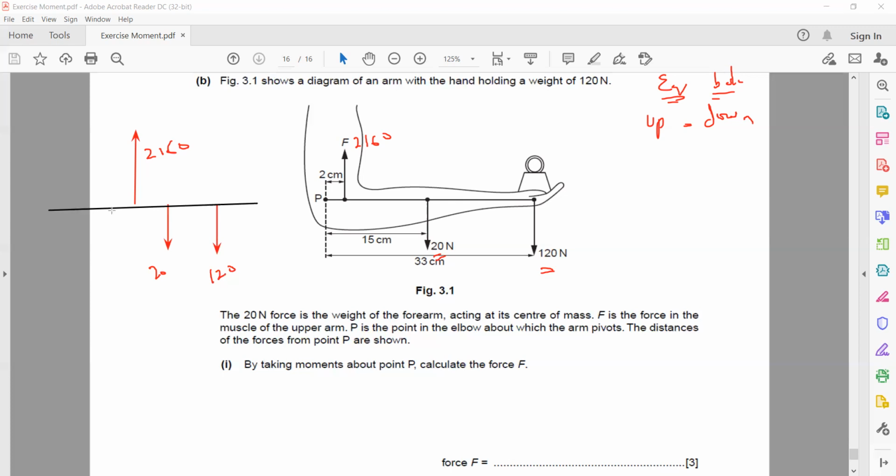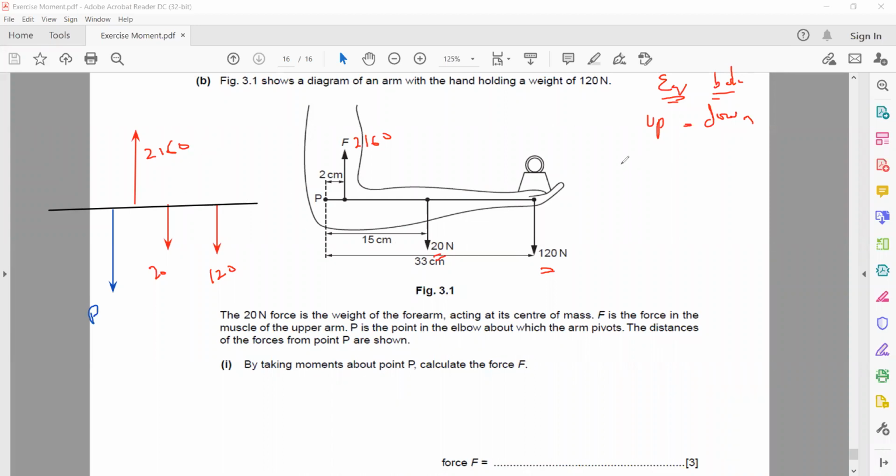Which direction should the force from the pivot be, upward or downward, to make it balance? We want the resultant to be 0. Yeah, that's right, Abdullah. It should be downward because the upward force is higher. So the pivot should apply a downward force to make it balance.